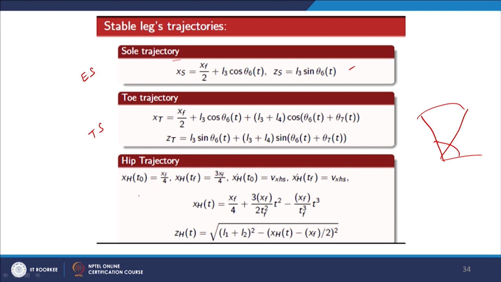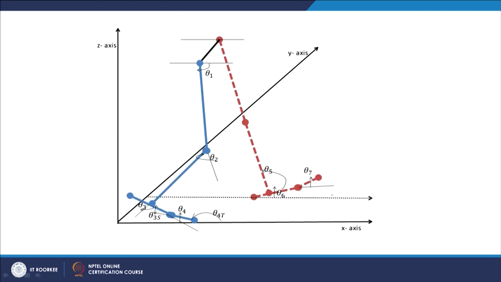The hip trajectory is the motion of the hip. This is for the stable leg, so it is a circular motion as given in this particular case. The stable leg's hip will move in a circular path, and parallelly the swing leg's hip also moves in a circular path, and the various positions of the foot are given during the motion of the ankle.